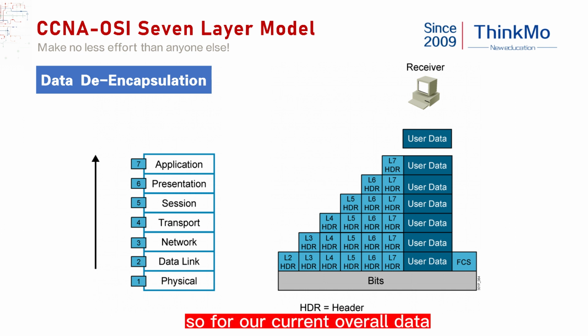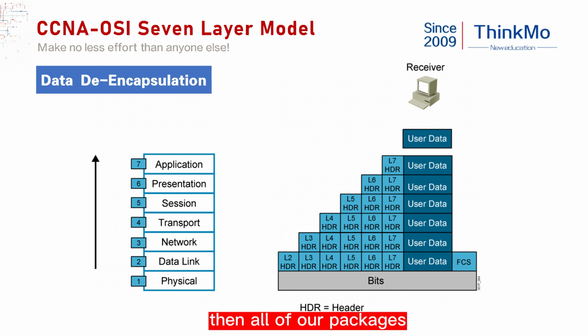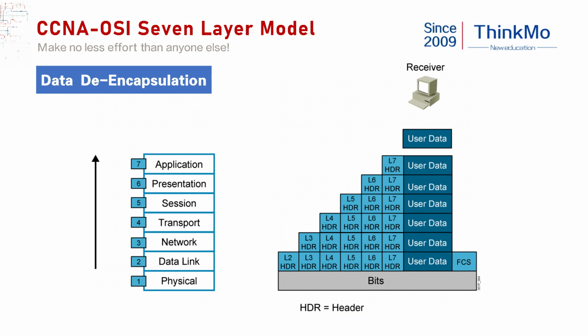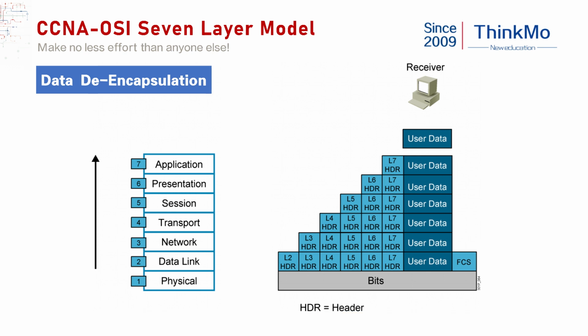So for our current overall data, with all 7 layers of encapsulation complete, we can only see user data when we reach the peer. All of our packaging is just a means to help the data reach the destination smoothly in transit. This is called data encapsulation and decapsulation. This is our point.